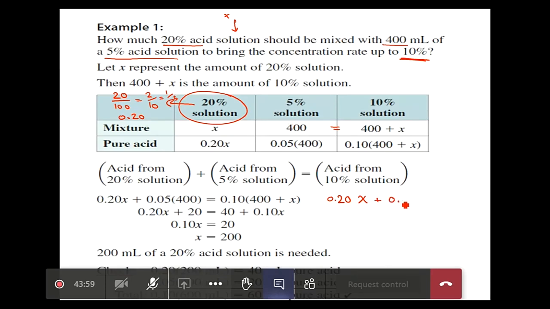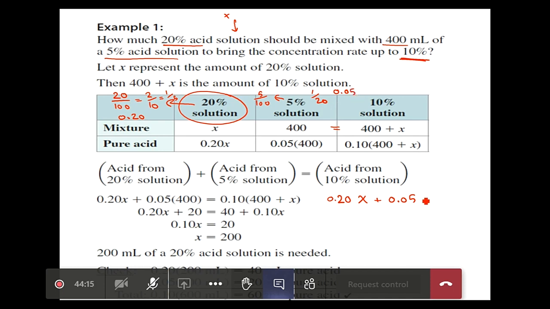5%, so we have 0.05, because this is 5 over 100, okay? We can put it like this, or 1 over 20, or 0.05.